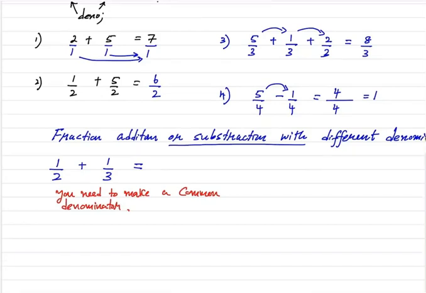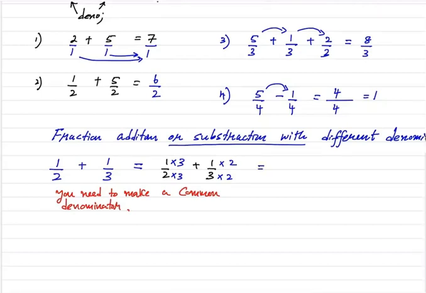So what you have to do is multiply this by 3, the top part by 3, and the 3 by 2, top by 2. So understand the pattern here. I'm going to write it here: 1 divided by 2 plus 1 divided by 3. You multiply this by 3, top by 3, and then 3 by 2, top by 2.